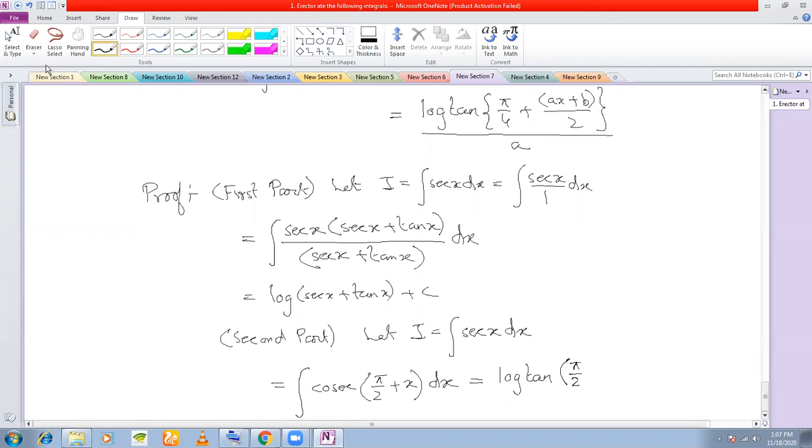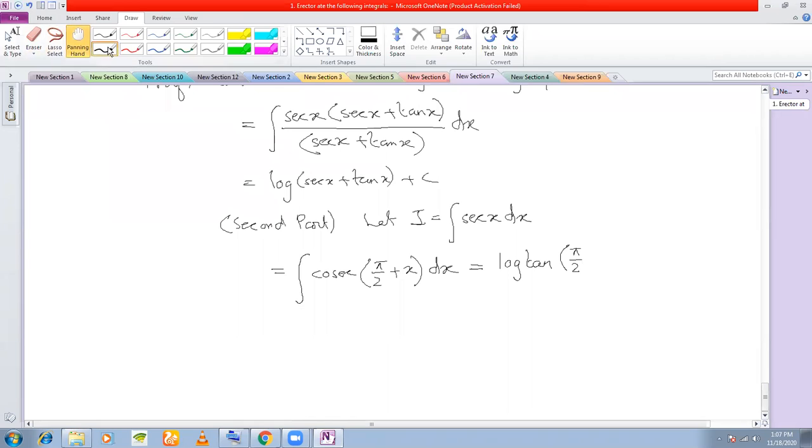If you're writing this as pi by 2 plus x, what was the formula there? Log tan(x/2).